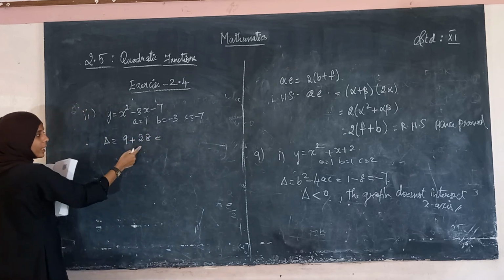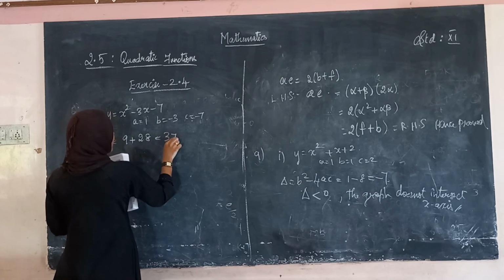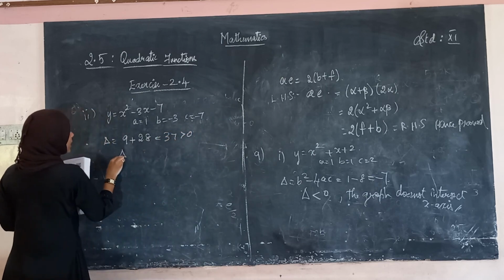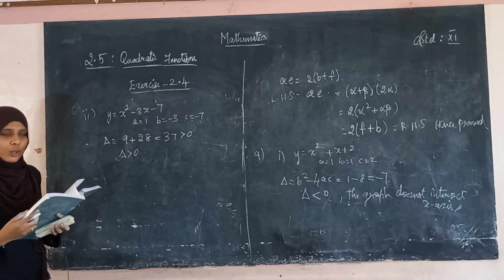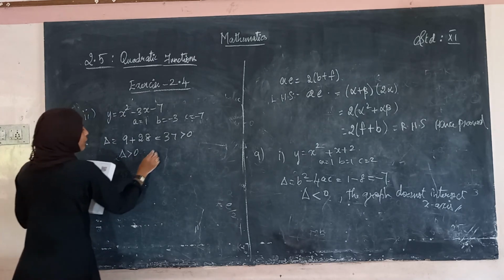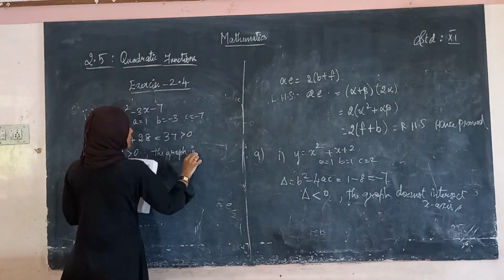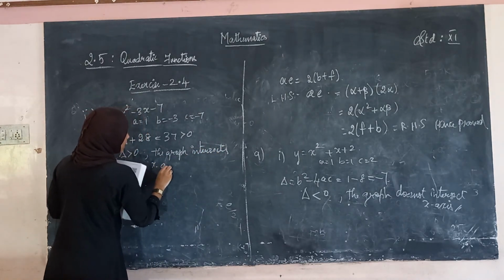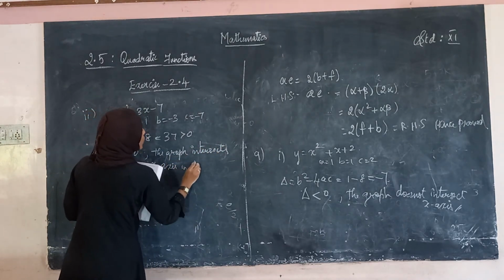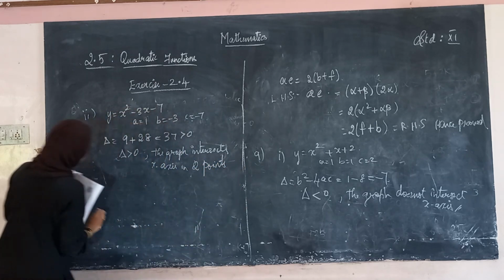Here we have already one minus, so minus into minus is plus. So 28 plus 9 is 37. This is greater than 0, that is del is greater than 0. Del is greater than 0 means it has real and distinct roots. That means the given graph intersects the x-axis in 2 points, right? In 2 points.